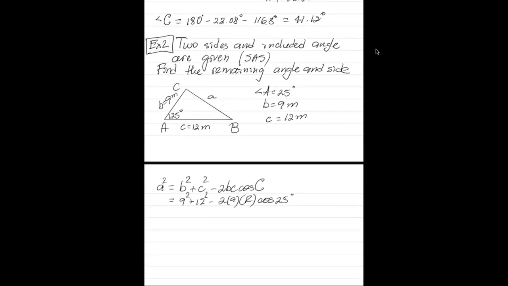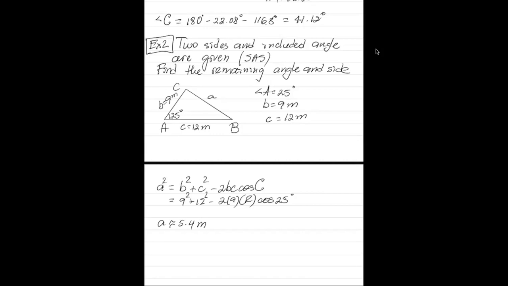Type this in your calculator, making sure you're in degrees, and you should get approximately 5.4. So after you take the square root, A is approximately 5.4 meters. So we found the side A.